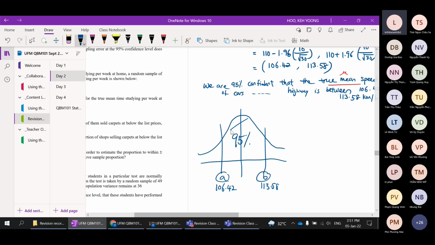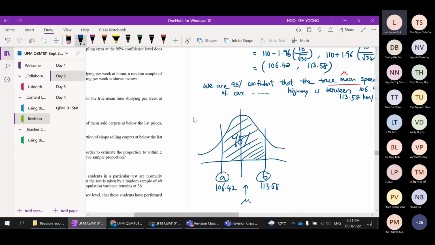We want to find this interval that contains the population mean, and we are 95% sure that the population mean is between these A and B values. The question will always tell us this percentage. This percentage is not always 95%.